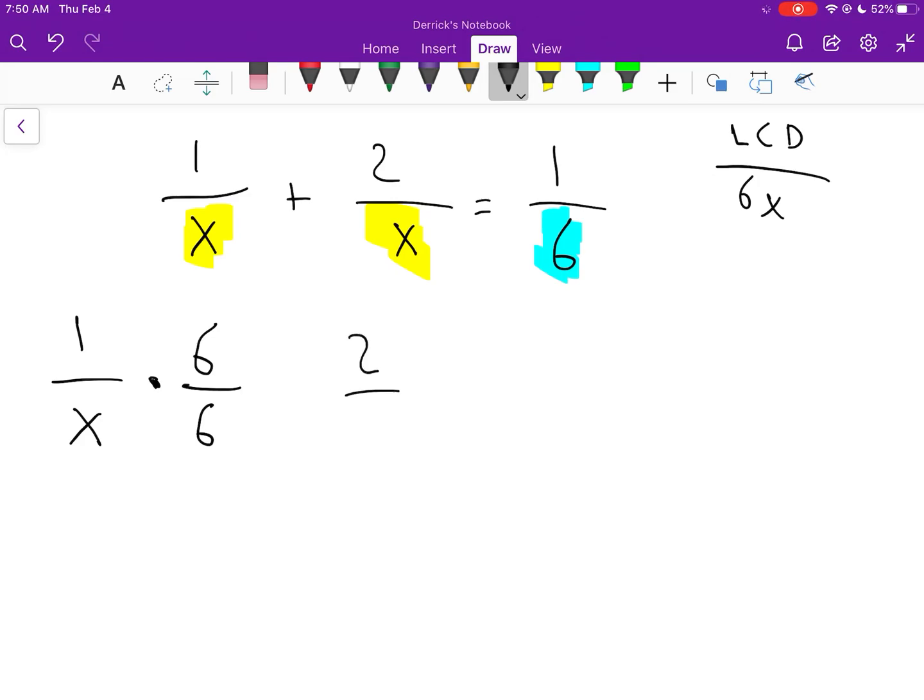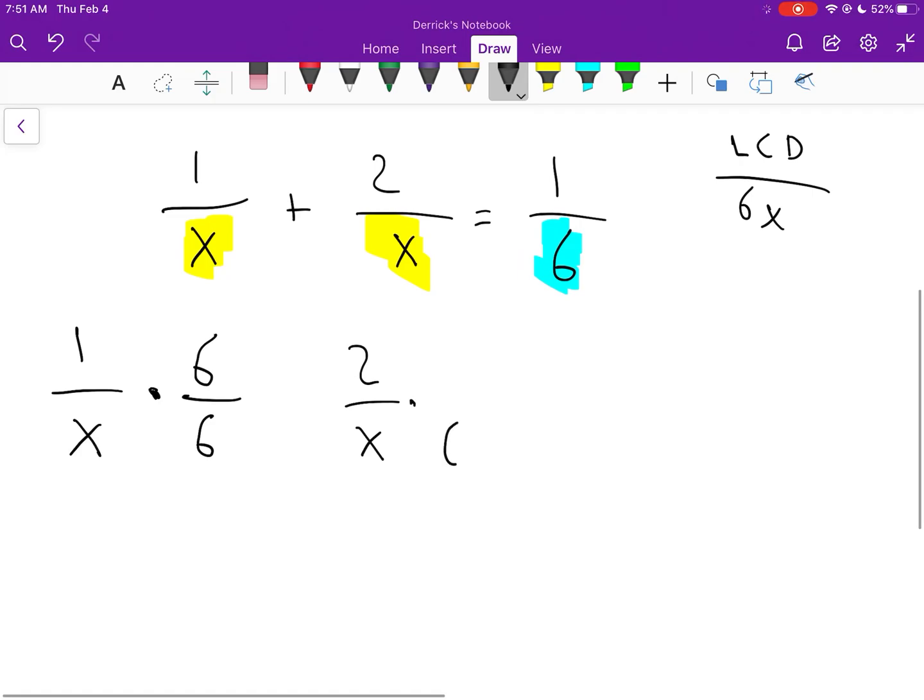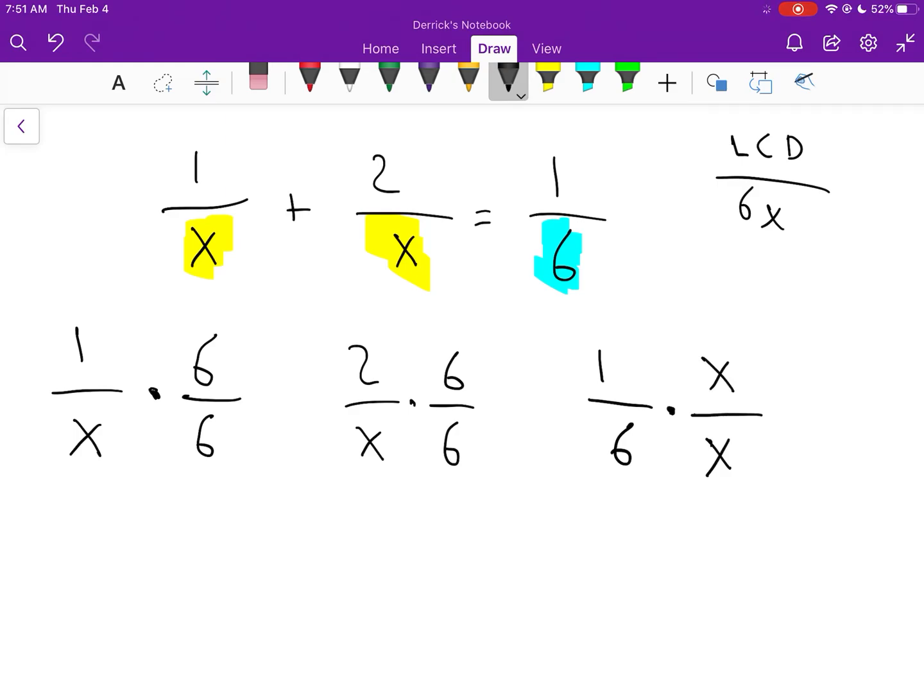Same thing with 2 over x. If I want to get that fraction to 6x, I would need to multiply it by 6 over 6 as well. And then finally, if we look at 1 over 6, if I want to get that to 6x in the denominator, we already have the 6, so we would need to multiply the x into it. But again, we'd have to multiply by x on top and bottom, numerator and denominator.